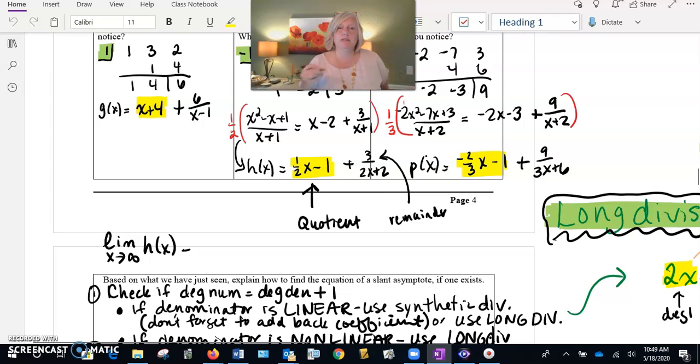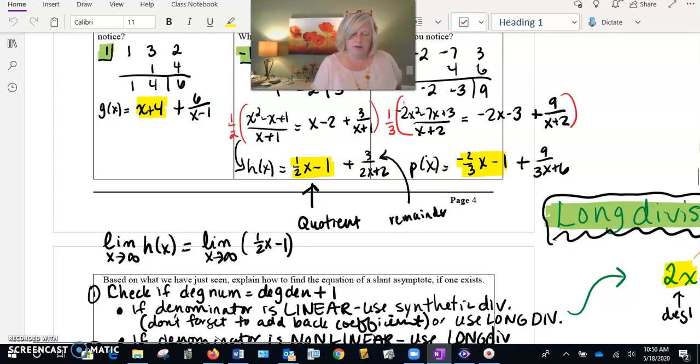Now, because we've already done the division, we know that h of x is the same as the limit as x goes to infinity of 1/2 x minus 1 plus 3/(2x+2). So all of that is me just putting h of x in an equivalent form, okay?